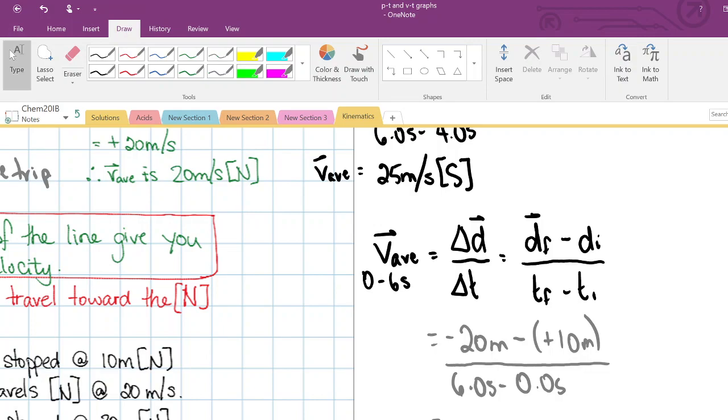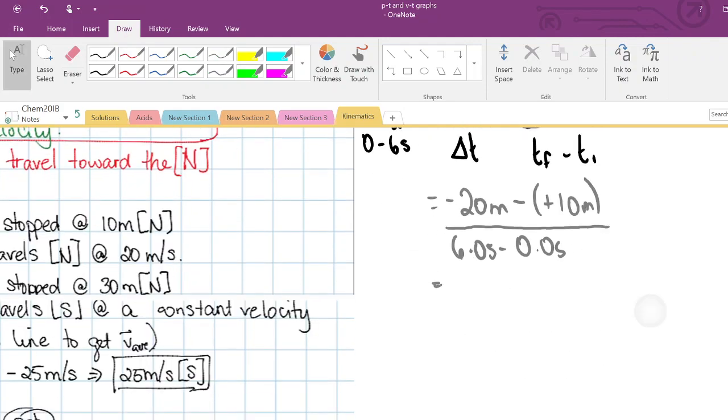And that tells me that over the course of the trip, this object has been traveling at negative 1.6 repeating meters per second, which tells me that the average velocity for this object over the entire trip was 1.6 meters per second to the south.